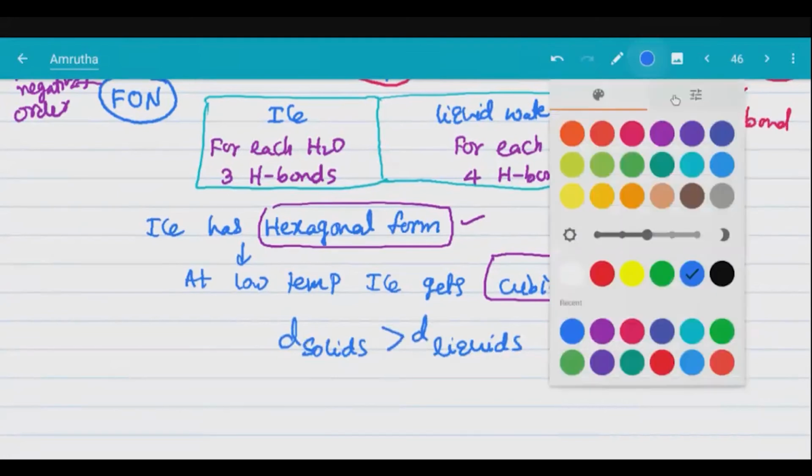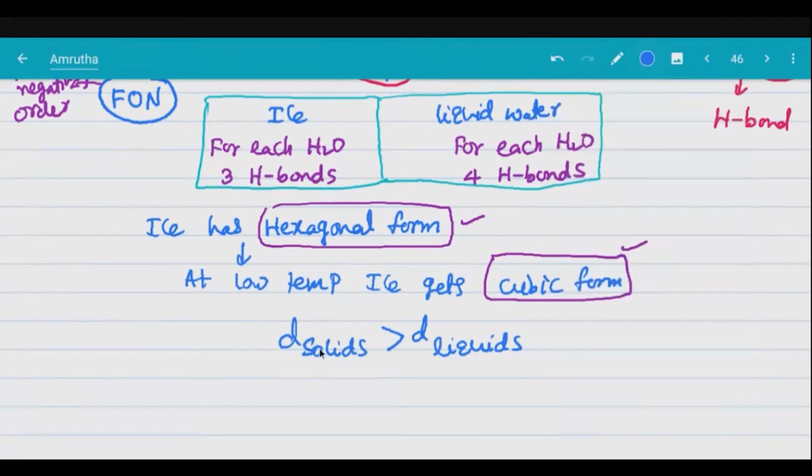This is true, yes or no? What is density? Mass per unit volume, right? Solids mean particles are closer, so definitely solid density is more than liquid density.